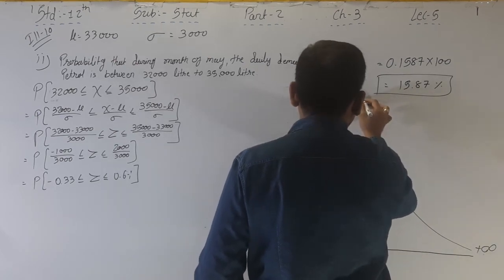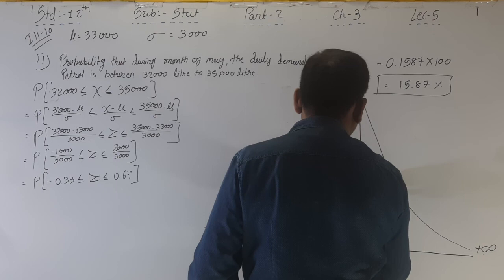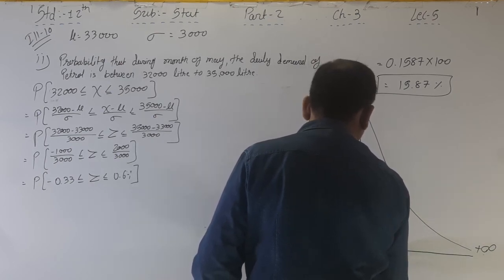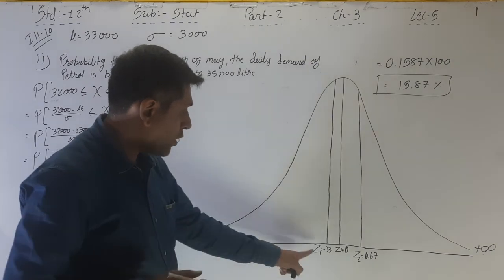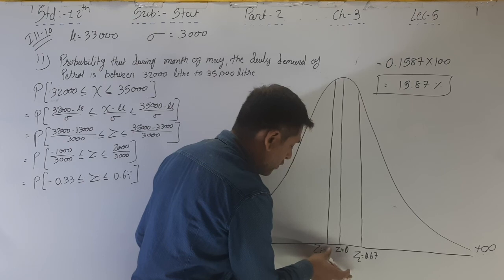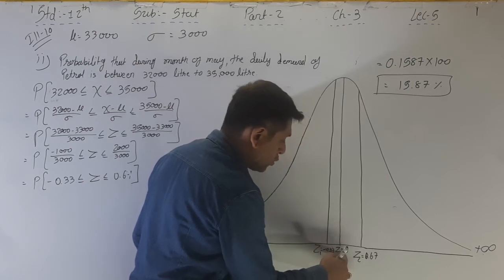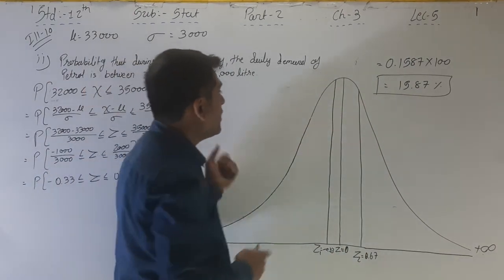Here Z2 is equal to 0.67. See the area from minus 0.33 to 0 and 0 to 0.67. This is the area.